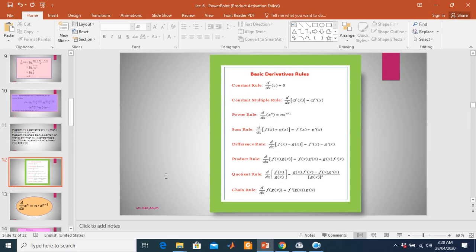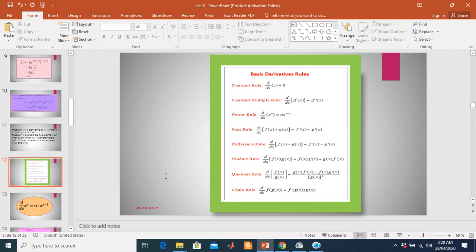Constant equals 0. Constant multiple rule, like c multiplied with a function, like f of x equals x, c is 2. 2 multiplied by x equals 2x. And the derivative of f of x equals x is 1, then c multiplied with 1 equals c.